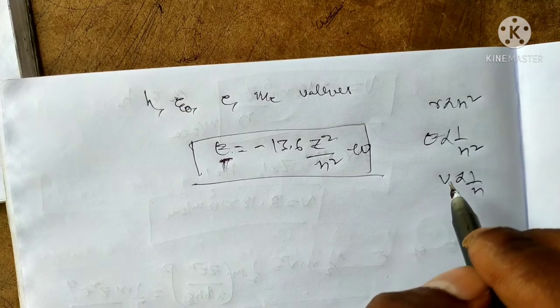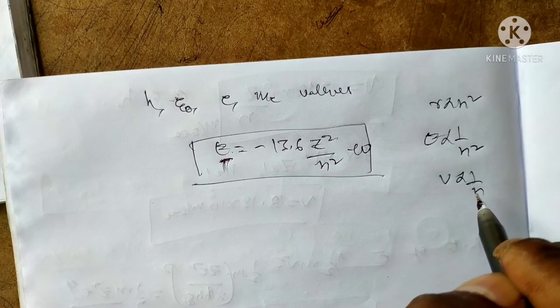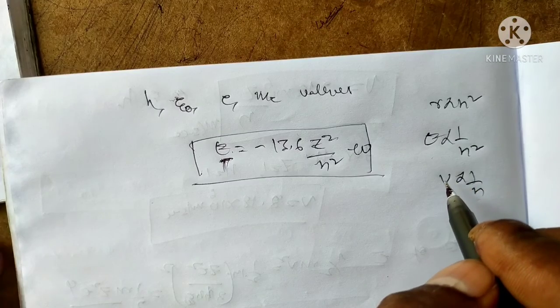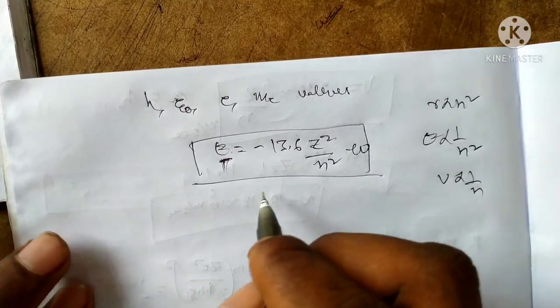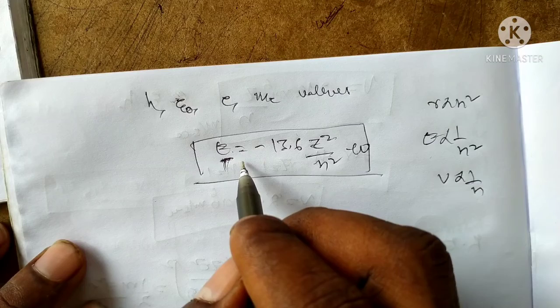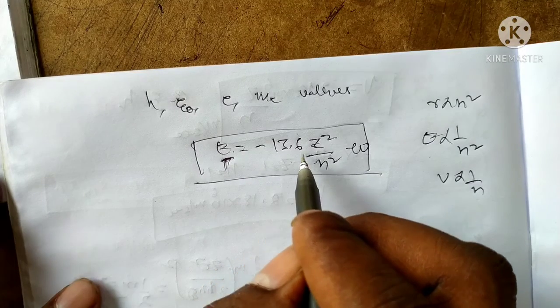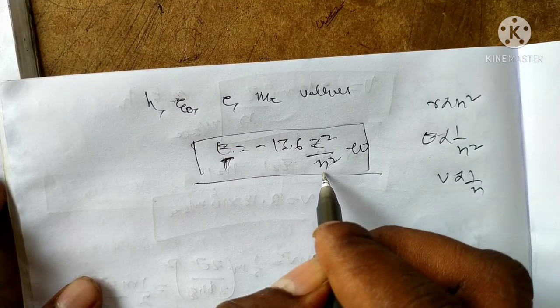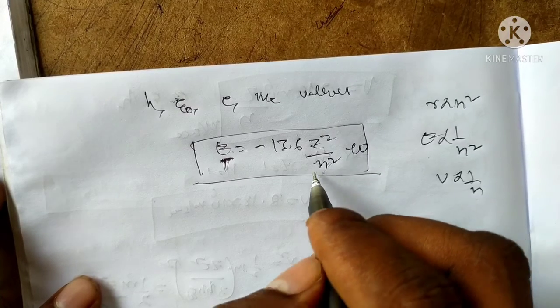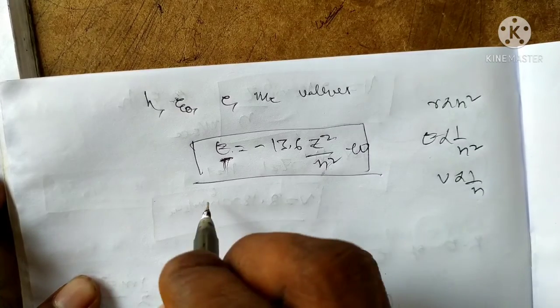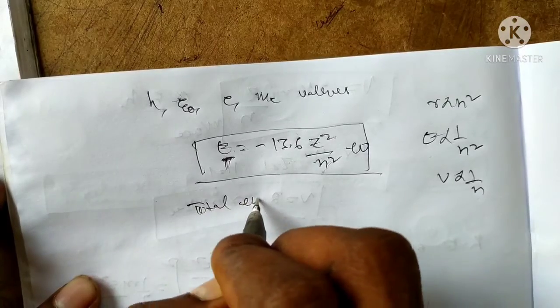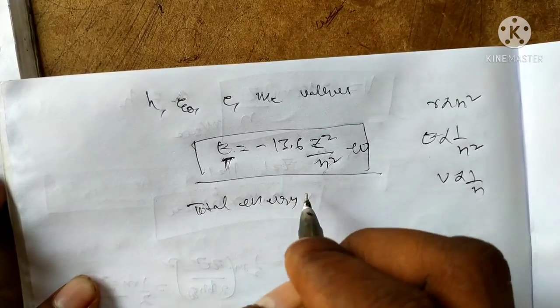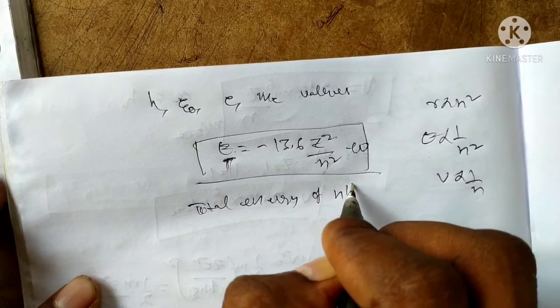The total energy is equal to minus 13.6 Z square by n square, and this holds for all states, for the nth orbit. This is the total energy for the nth orbit.